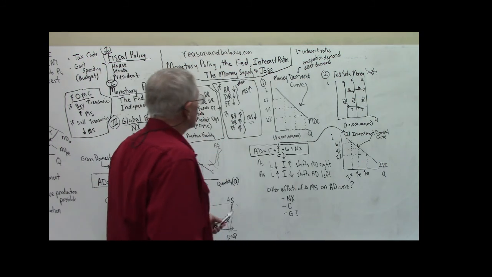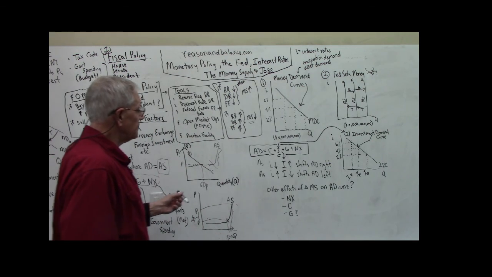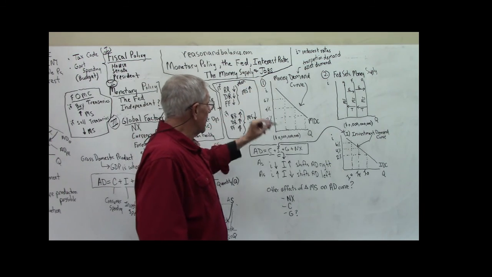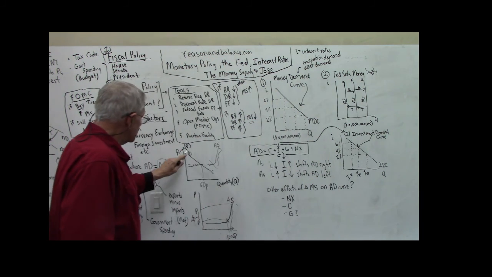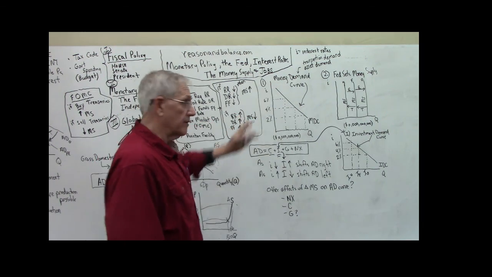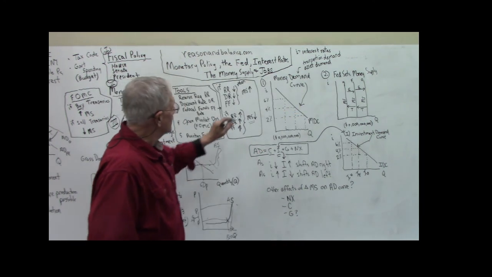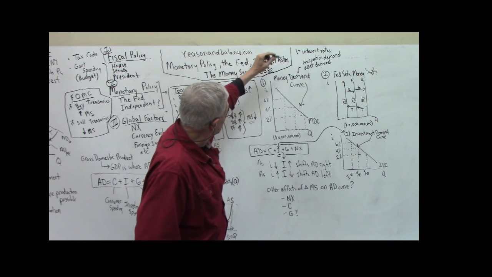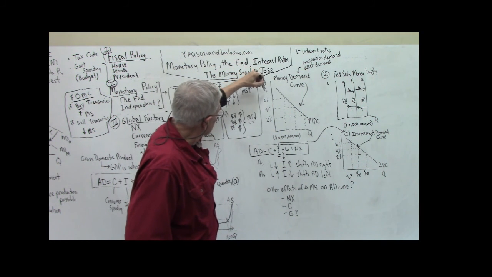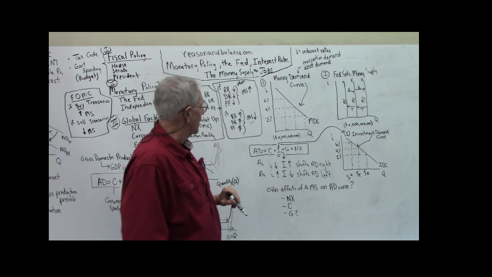Okay, let's go back to the demand for money. We see that the demand for money has a curve just like the aggregate demand curve. We are not talking about the aggregate demand curve right now. We're talking about MDC, not AD. Notice up here, these are interest rates instead of prices, and this is still quantity, Q, in dollars now.